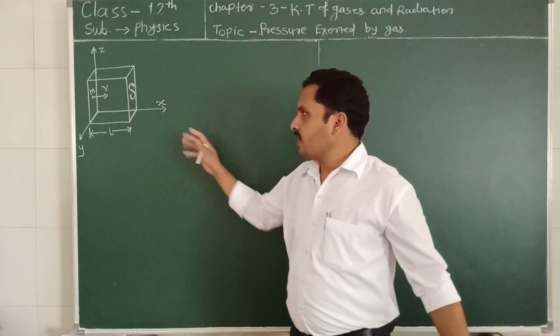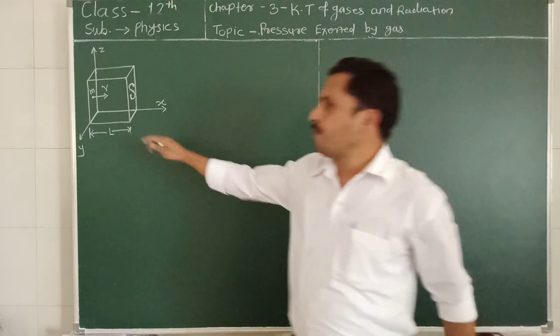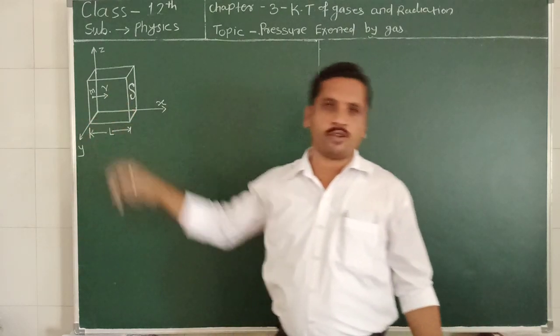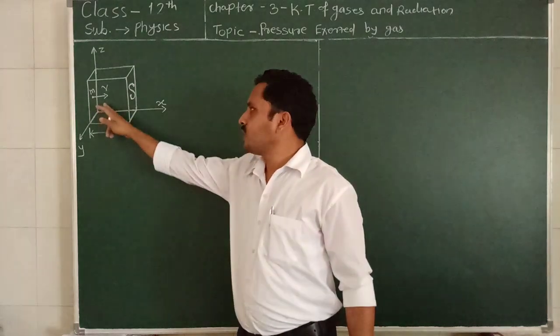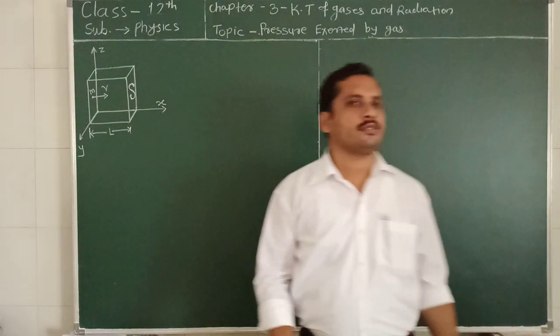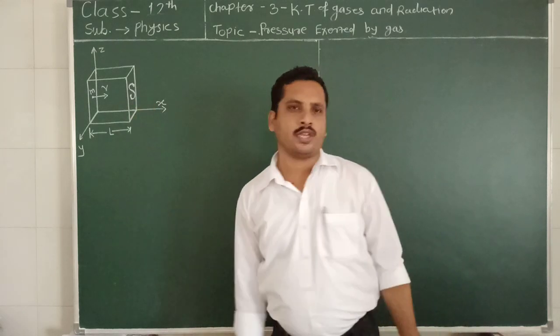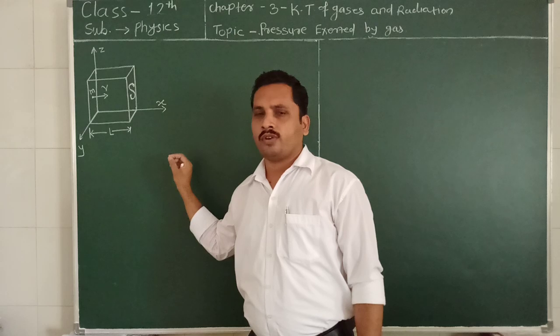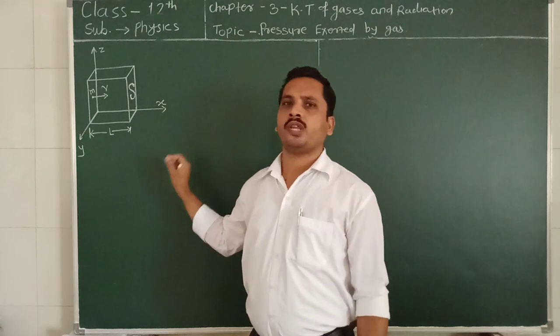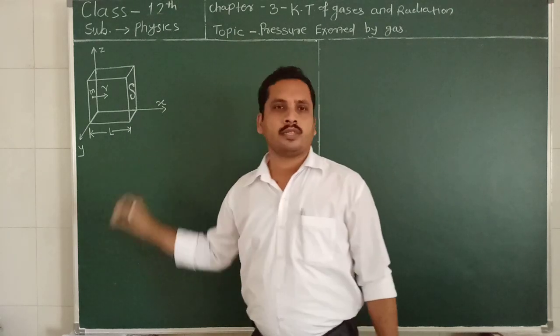So here we are considering a single molecule of mass m, which is moving along the x-axis with a velocity v. Before that, we are going to define some terms which are very important for deriving this equation.